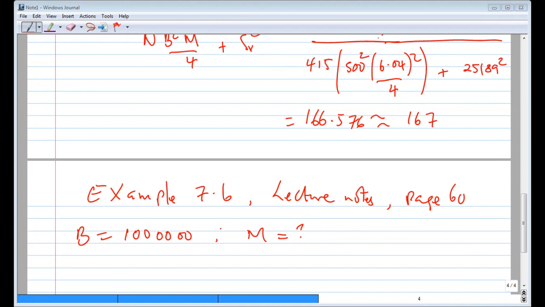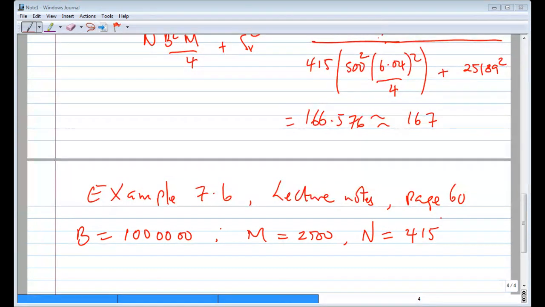Yes, thank you very much. Now here in this case, M is given. It's given as 2,500. Okay. And remember, we are still having the same number of clusters in the population, which is capital letter N, and is equal to 415.